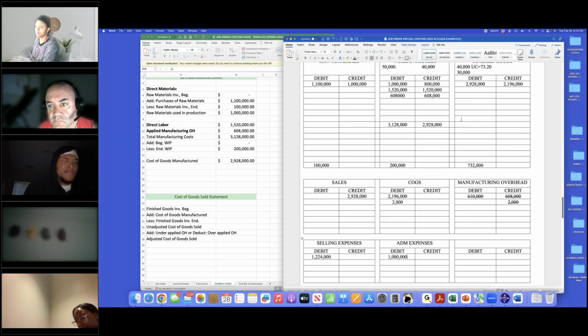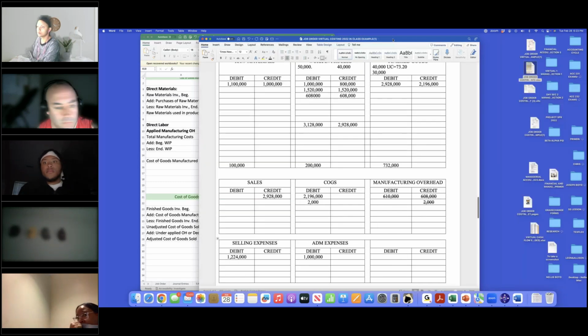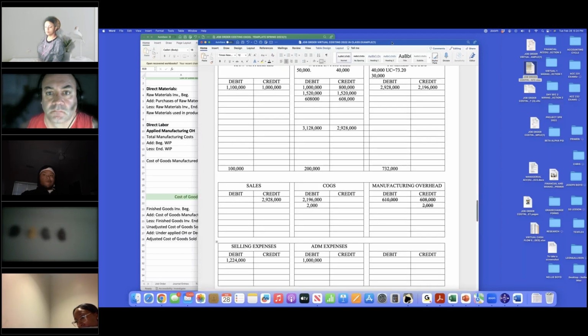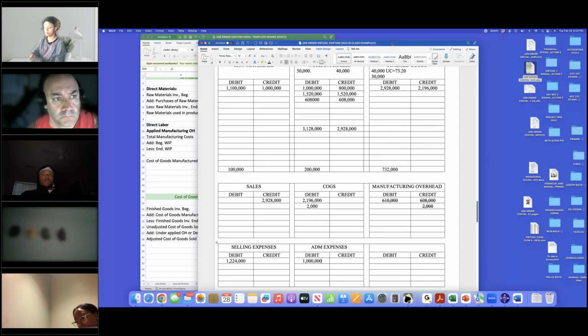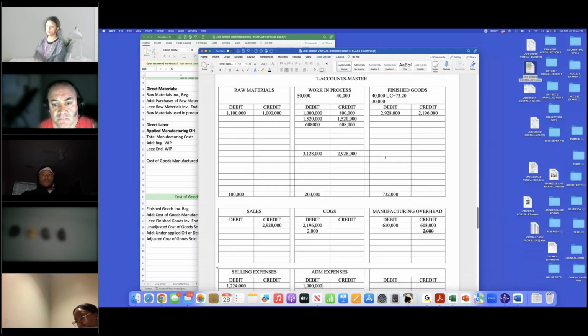Under sales? In our T account. On the T account. On the credit. You see it here as the credit to work in process and the debit to finished goods.